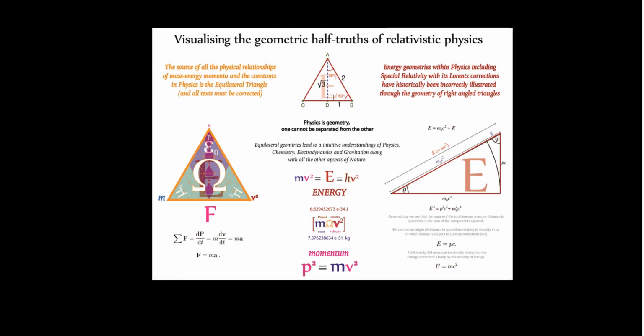This is where physics has been going wrong. Physics, in attempting to describe energy and the relationship between mv squared and velocity, etc., has applied those formulas, mv squared, scalar energy, mass, to right-angled triangles, as you can see illustrated here, for potential, mass, kinetic energies, etc. They're trying to explain the energy in terms of a right-angled triangle.